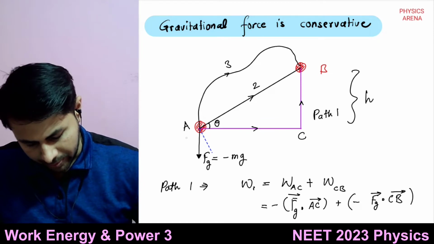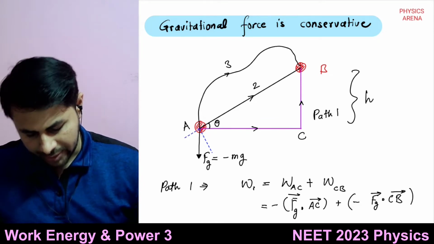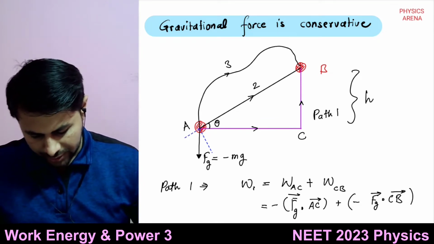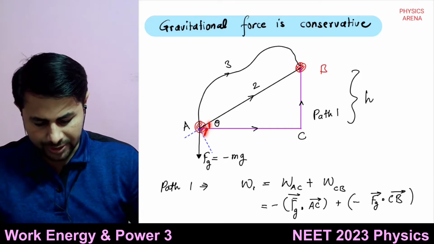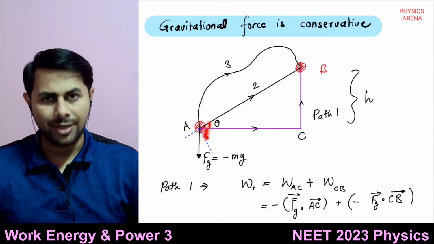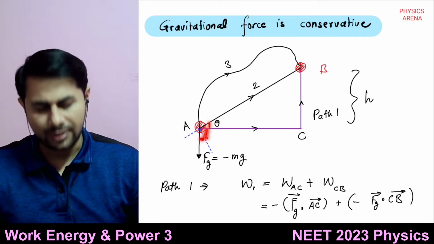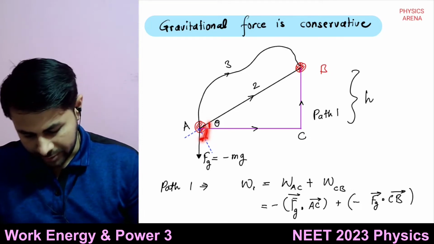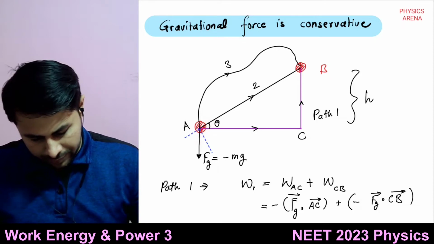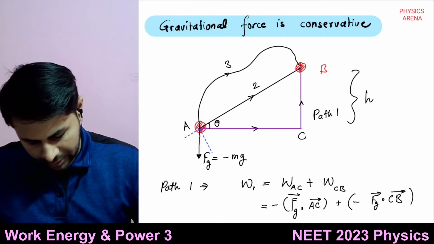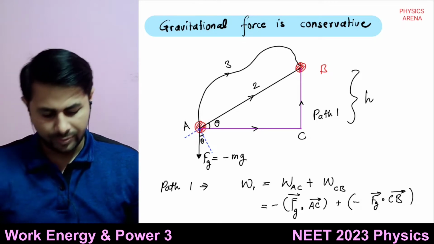So this will be one component, this will be another component. Since this angle is theta, how much will be this angle? 90 minus theta. If this is 90 minus theta, then this angle is theta, right?